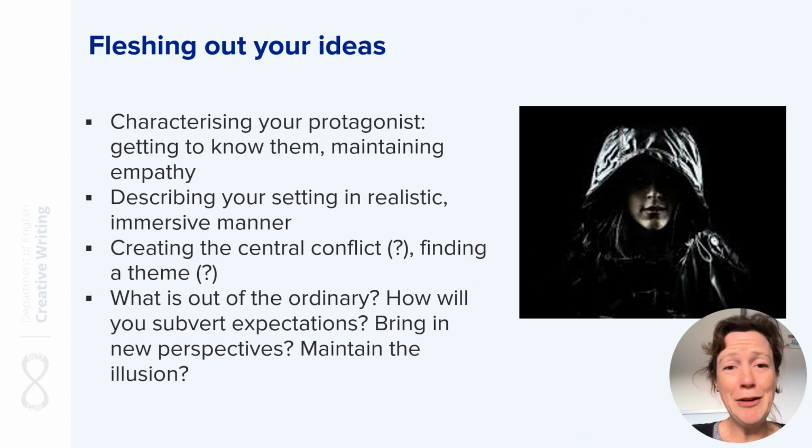So once you have a general idea of what story you might like to write, you need to start fleshing out the ideas. That means giving them more shape. So beginning with your protagonist or your central characters, you need to think about what they're like. What do you need to know about them? You might need to know what they look like, who their parents are, what their childhood was like, what jobs they do.